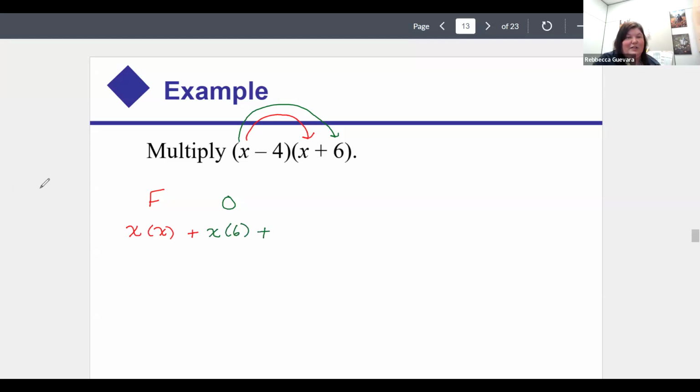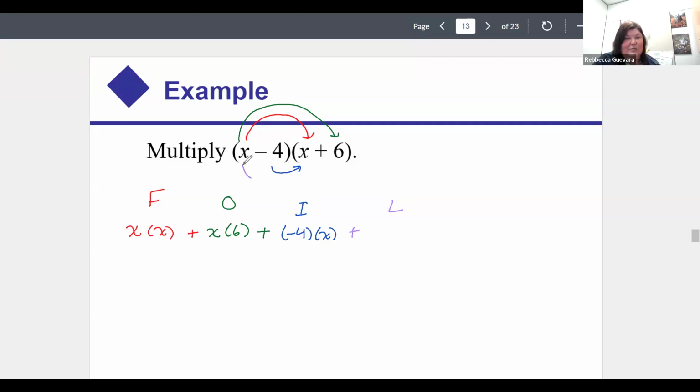You might be noticing it's kind of another method going along with this. Then we are going to do the inners. The inners would be these two terms here, because they're the innermost ones. So that would be the -4 and the x. And then we want to do the last two terms.